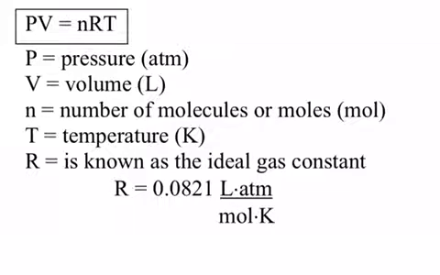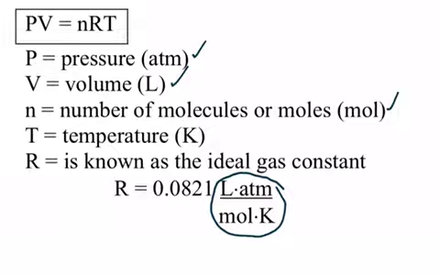So, it is very important when we use the ideal gas law that we match the units of the constant R. As you can see here, the constant R has these 4 units. So, the volume needs to be in liters to match the liters that you find in R. The pressure has to be in ATMs. If they give you something in grams, you have to change it to moles.